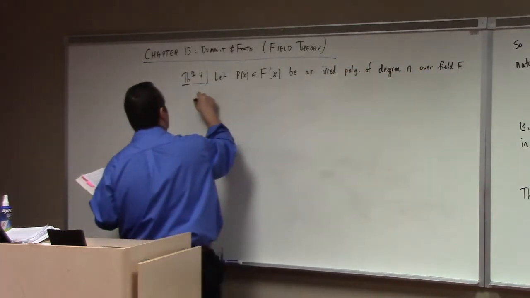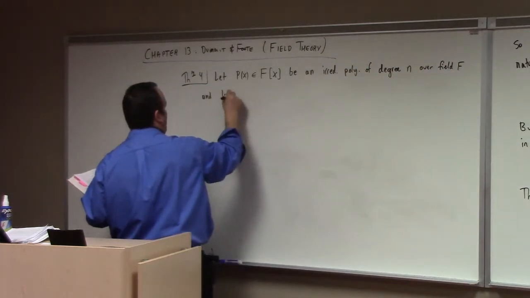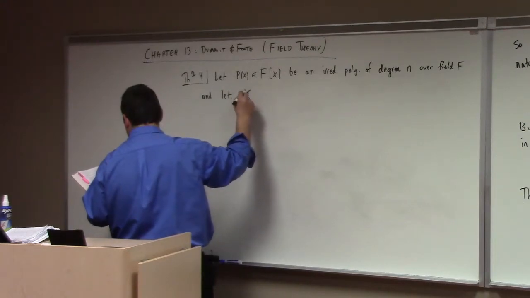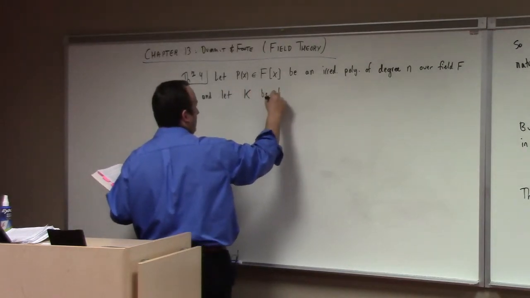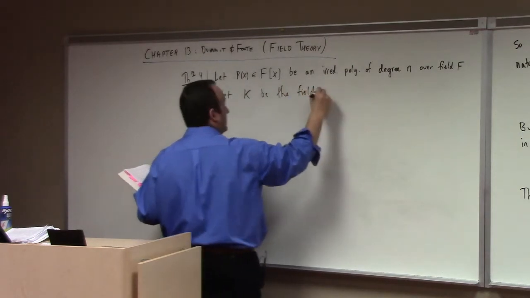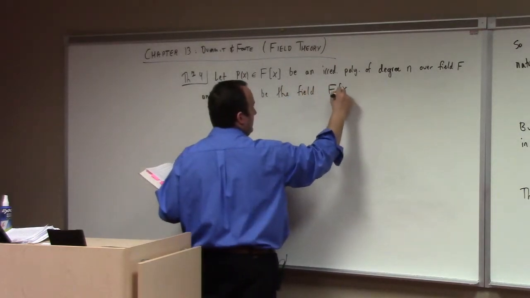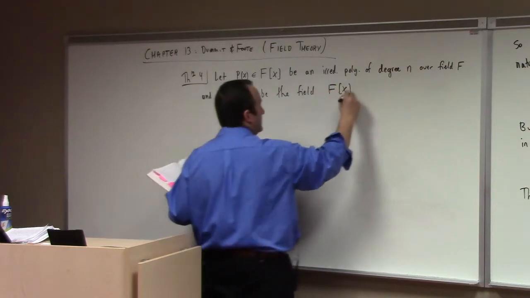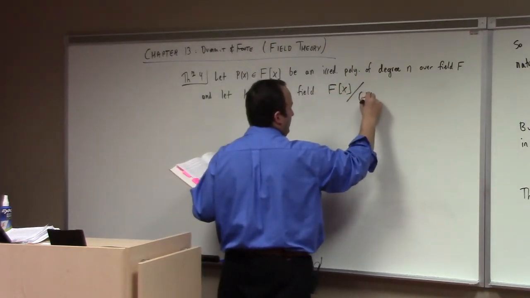And let K be the field F[x] quotient by the ideal generated by P(x).